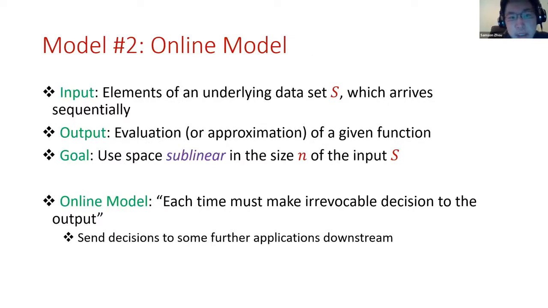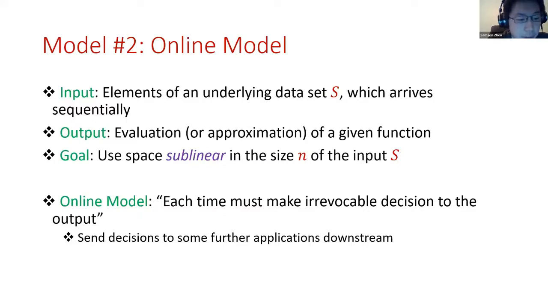The second model we discuss is the online model. Here we still have a data stream, so we still have some set S, which arrives sequentially. The goal is to evaluate or approximate the function on S using sublinear space. But here, at each time, we have to make decisions that are irrevocable. So we see a row, and we choose to either discard it or keep it forever.